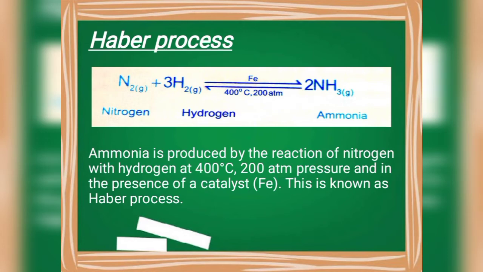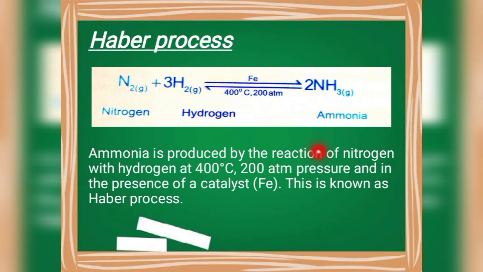Now I want to discuss with you Haber's process. So what is Haber's process? As I told you in my previous slide, ammonia is produced by a reaction of nitrogen with hydrogen at 400 degrees Celsius, 200 atmospheric pressure, and in the presence of catalyst Fe, iron.